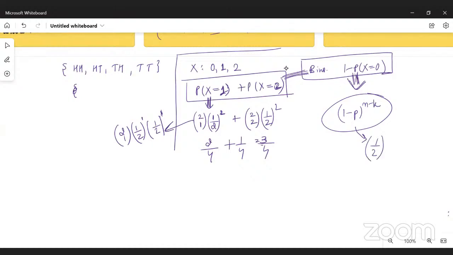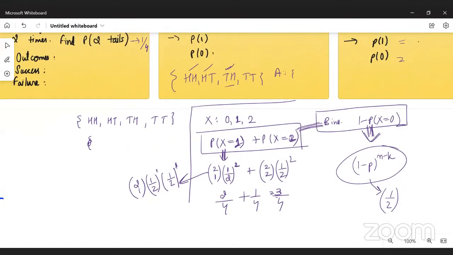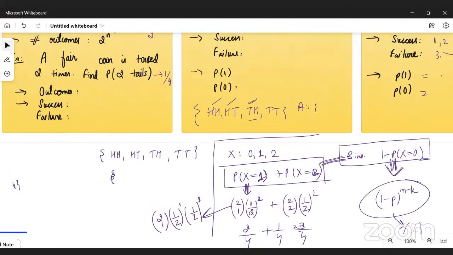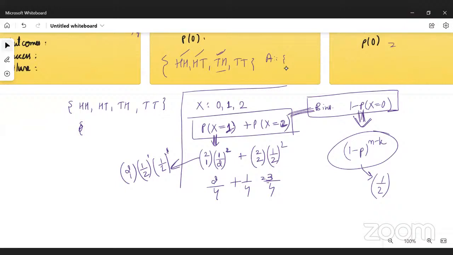In this question, will we take n equals 2 or n equals 4? N equals 2. If you ask why n should not be 4, n is not the number of outcomes. N is the number of Bernoulli trials.